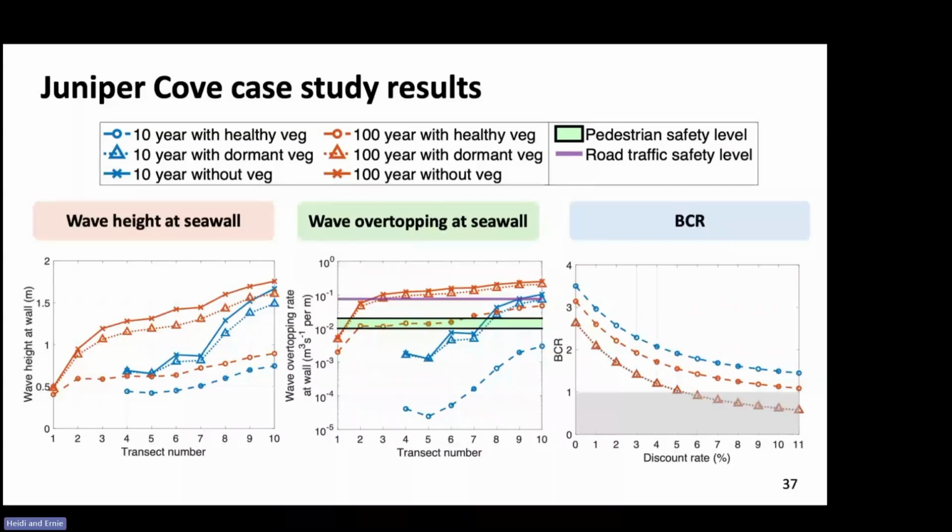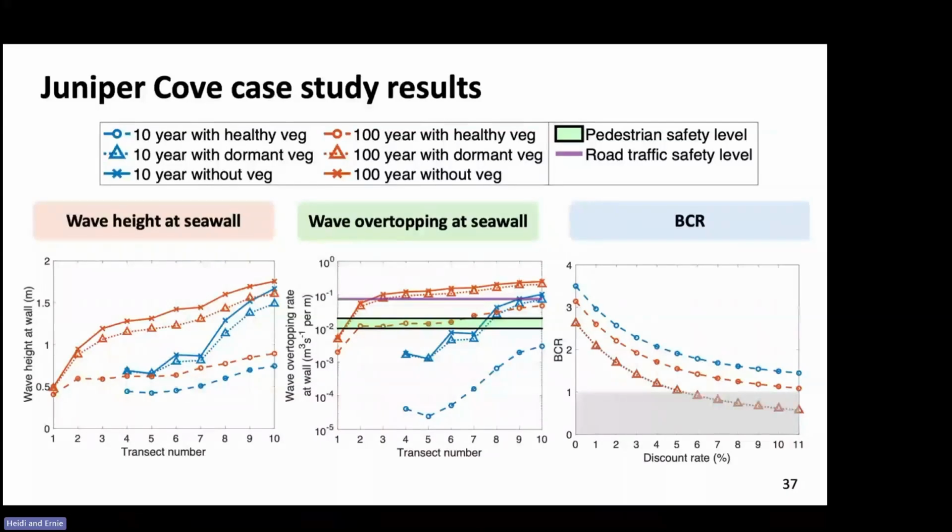Lastly, we look at how each of these translate into benefit cost ratios. The circle points show healthy vegetation, and the x-axis is the discount rate. So for healthy vegetation, for 100-year and 10-year storms, they both have benefit cost ratios above 1 at all discount rates.